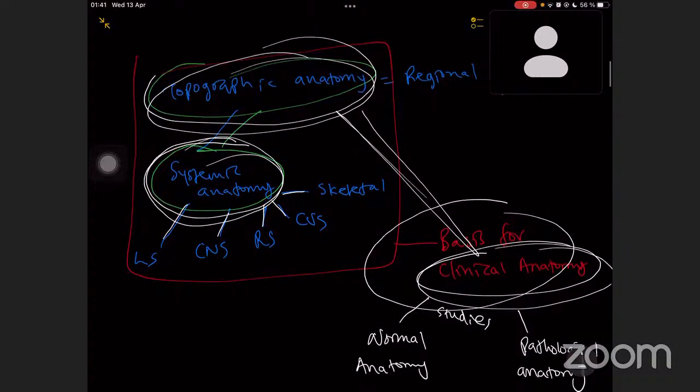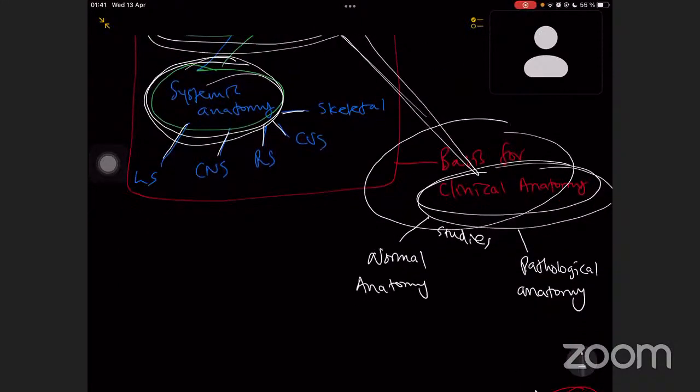Clinical anatomy, on the other hand, deals with the human body structures, be it the normal anatomy of body structures, as well as the pathological anatomy of body structures, according to the various needs of various fields of clinical medicine.